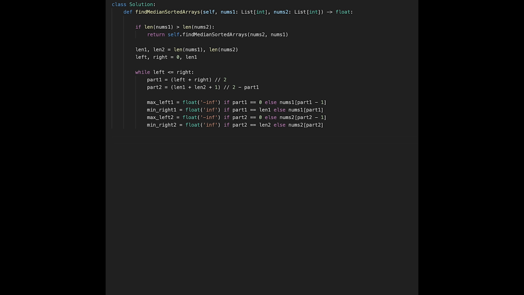And then if max left 1 is less than or equal to minimum right 2, and max left 2 is less than or equal to minimum right 1, in this case we can sort the whole array, so that's why we check whether the length is even or odd.